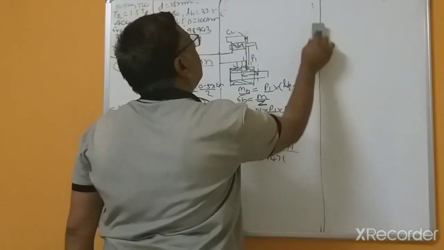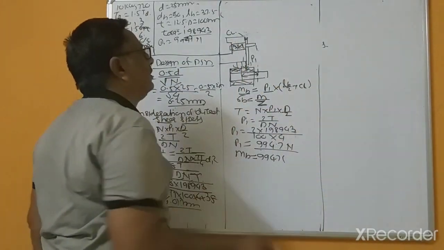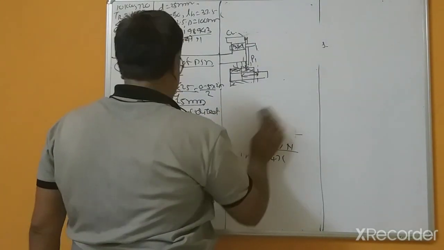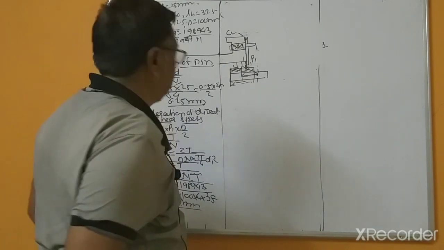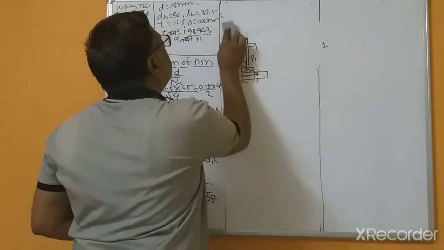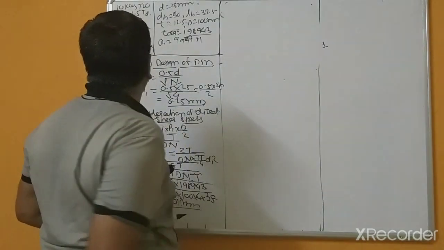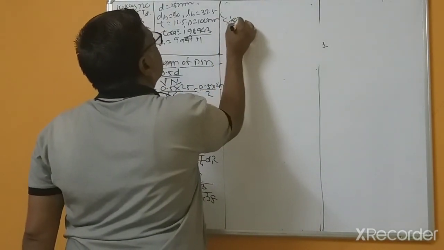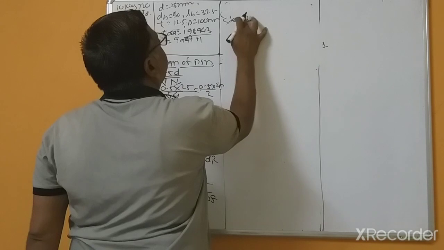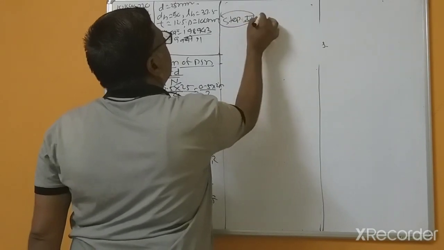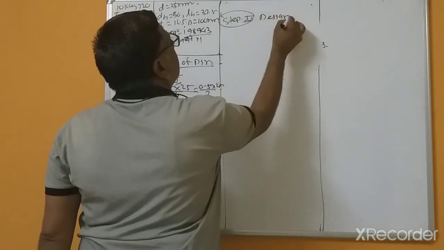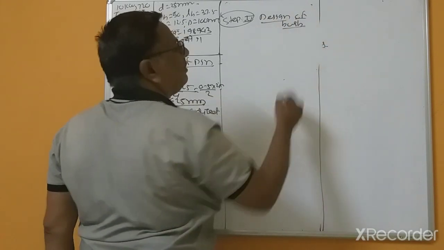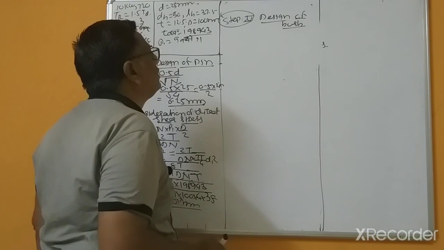So first I consider step fifth, which is design of bush, for finding out length and diameter of the bush.